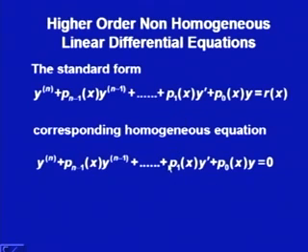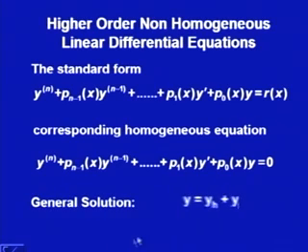Now as we have done in the second order non-homogeneous equations, here also the general solution of this non-homogeneous equation is of the form y_h + y_p. What is this y_h? y_h is the general solution of the corresponding homogeneous equation, and y_p is a particular solution of this non-homogeneous equation.